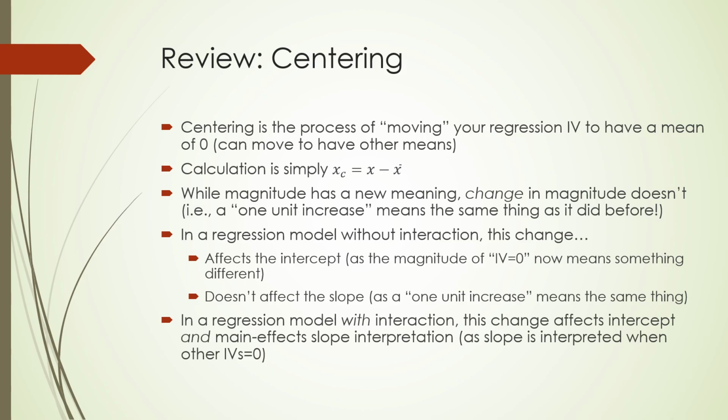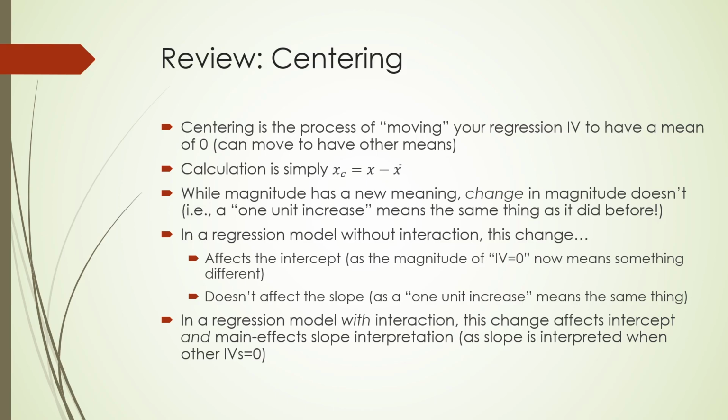In a regression model with interaction, this change affects how the main effects in the slope interpretation are made. As before, the interpretation of the parameter estimate for the coefficient of x1 is still when x2 equals 0. But if you center x2, now x2 equals 0 isn't the original variable equal to 0. Now the centered x2 equals 0 means when the original x2 is at its mean.